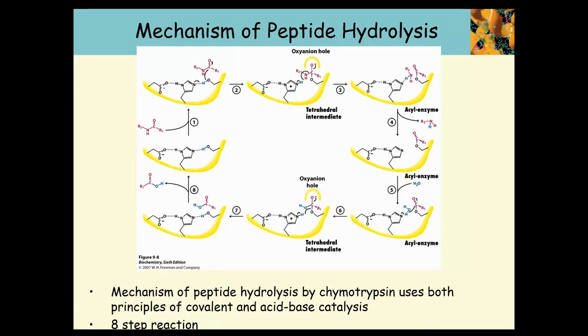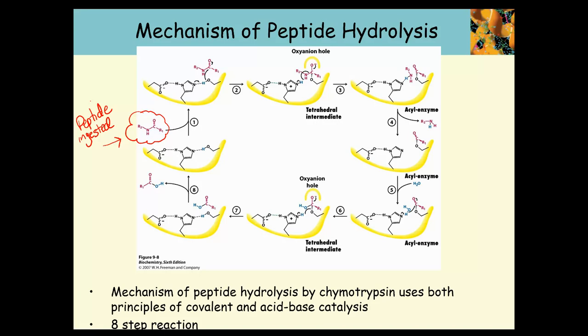Okay, so here's the mechanism of peptide hydrolysis. So here, I'm going to circle it here. This is the peptide that's been ingested, made its way through the stomach, now is in the intestine.